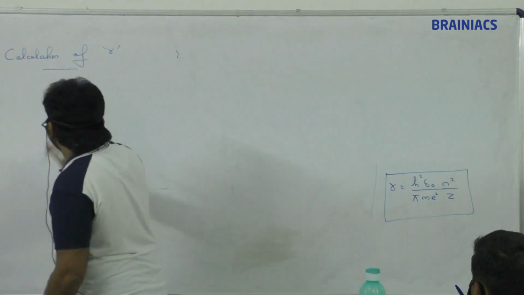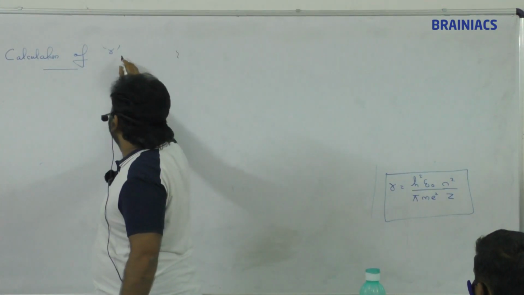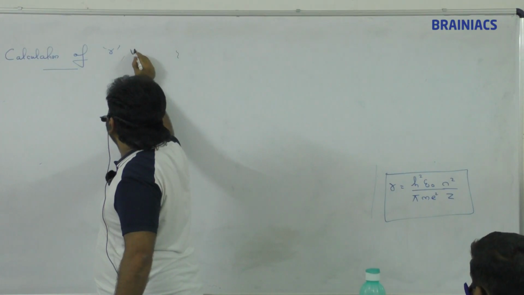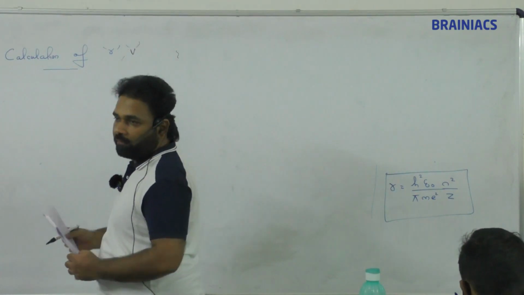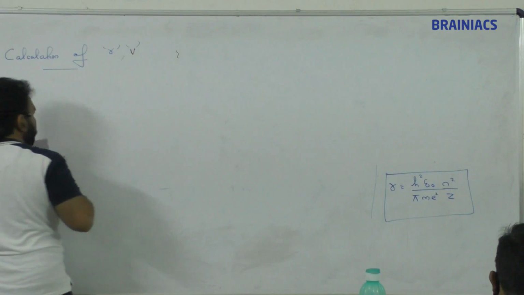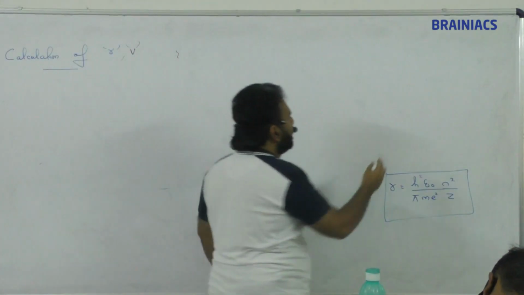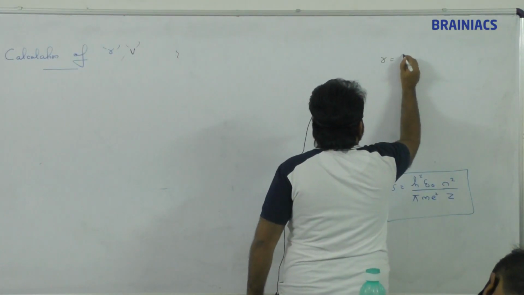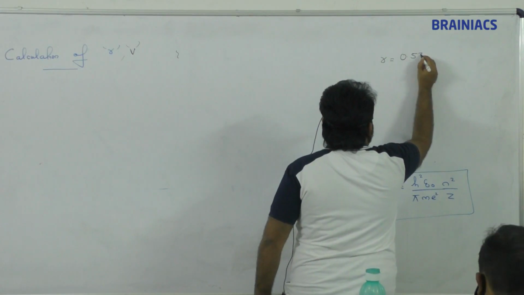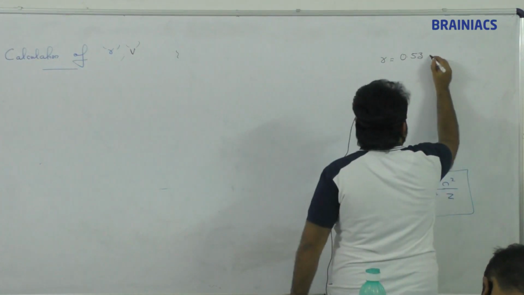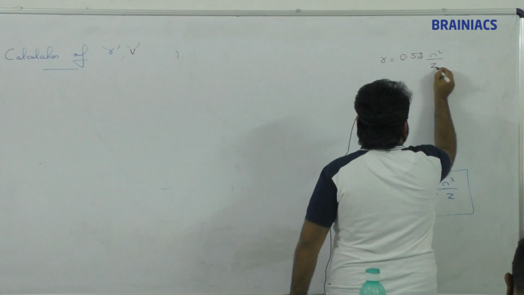Okay. Now calculation of radius is done. Now calculation of velocity. So r is equal to 0.53 n square by z.